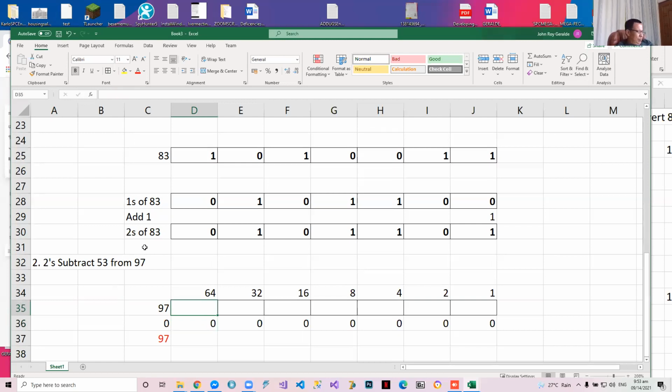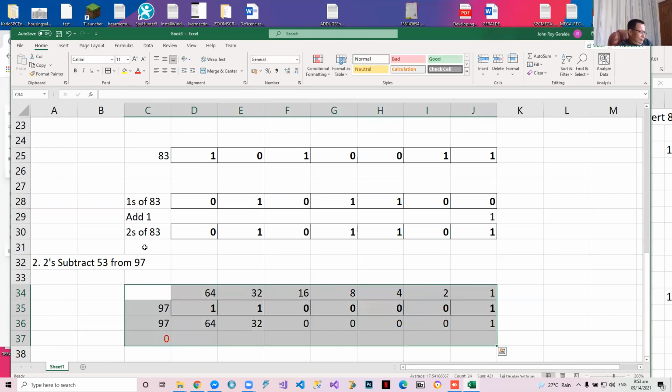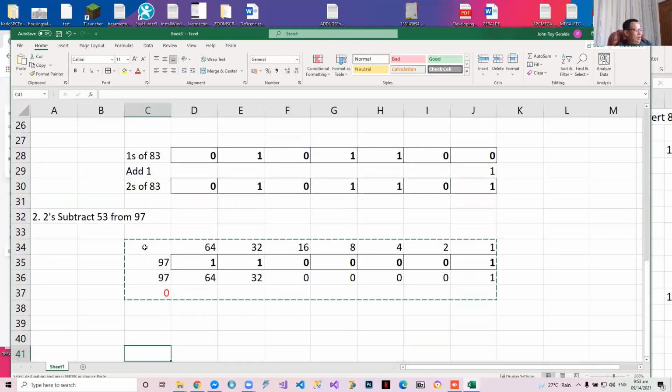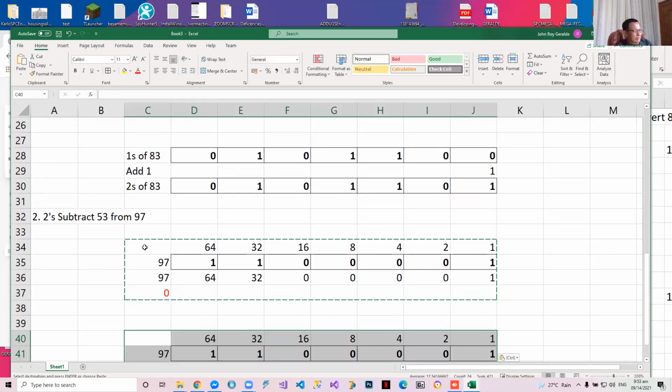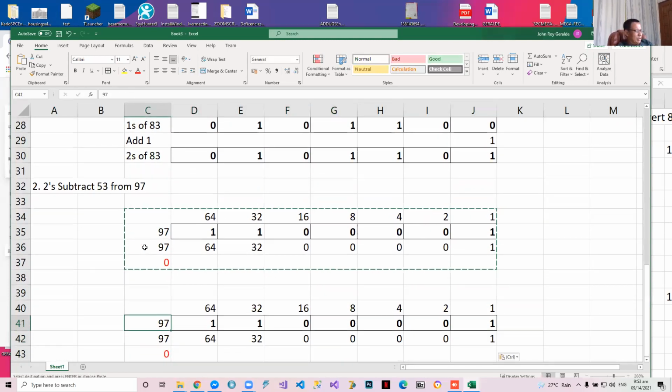Okay, so for 97 we need a 64. Okay, we have a 33, so we can use this, and so we only are left with the ones. We'll have this. Okay, and then we'll copy this again for 53. We need to include 64, no? Even if it's bigger than 53, because we have to consider the bigger number.